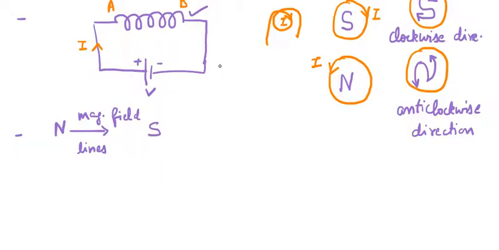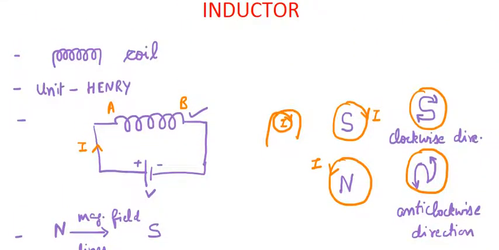So the magnetic lines of forces around the inductor would be somewhat like this, from north to south, from B to A. These are magnetic lines of forces from north to south.